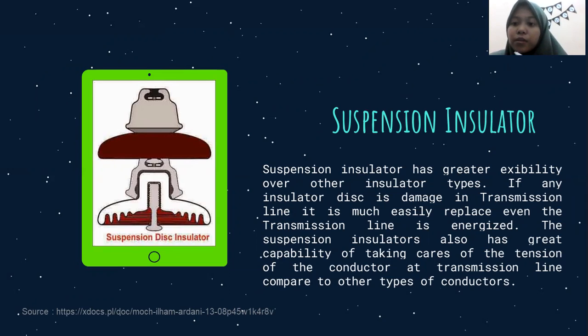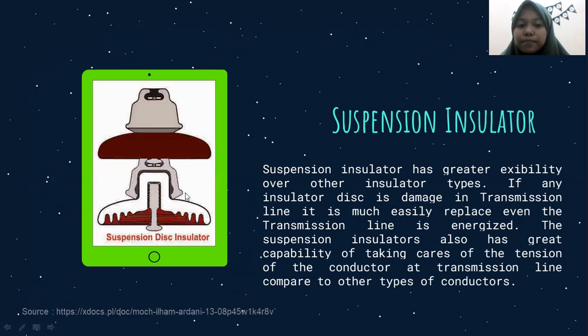The suspension insulator has greater accessibility than other insulator types. If any insulator disc is damaged in the transmission line, it is easily replaced even while the transmission line is energized. So if a suspension disc insulator is damaged in the transmission line, it is easy to replace even while the line is energized.